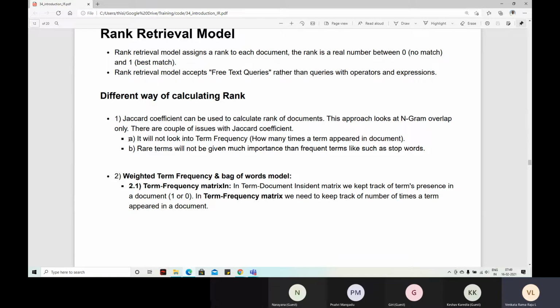Those three things are not considered by the Jaccard coefficient because it is based on set theory. Whether the word occurred 100 times or one time, it is going to take the trigrams only once. So this is not efficient in calculating the rank. It will give the same rank to least prominent, most prominent and spam words. So Jaccard coefficient is not that efficient.